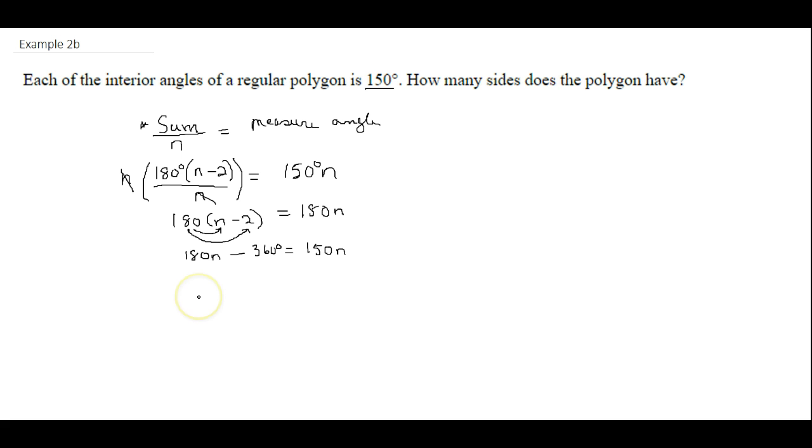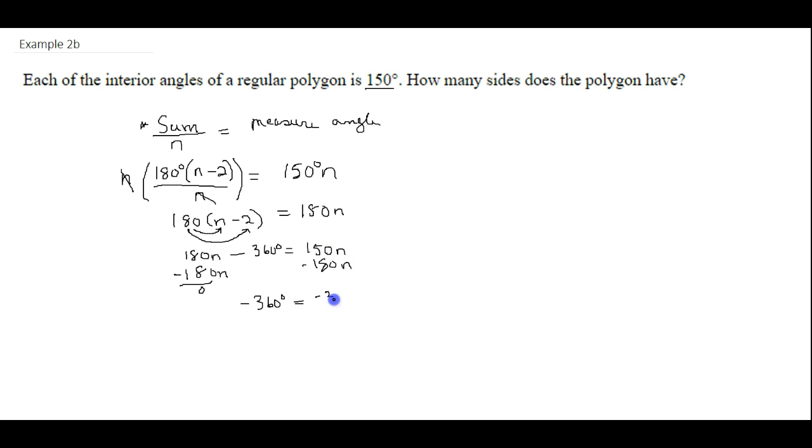We have terms with the variable n on both sides. We want to move them all to one side of the equation. So we're subtracting 180n, and we do exactly the same thing on this side. 180n minus 180n gives us 0. So we're left with negative 360 degrees is equal to 150n minus 180n.